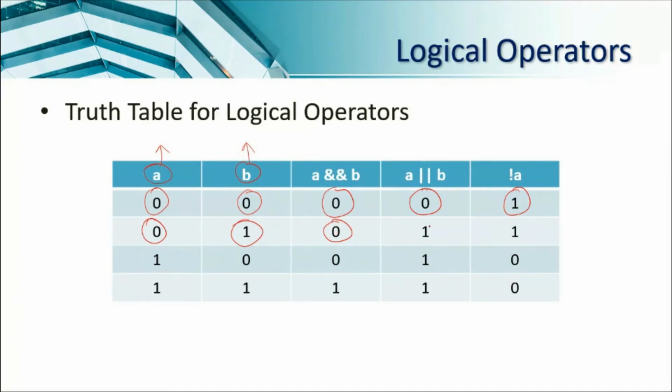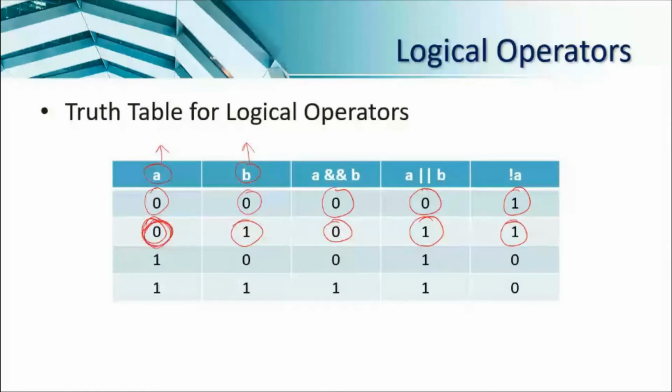Then A OR B will be 1, because B is true and A is false, so at least one of them is true. Not A is again 1, because A is 0, which is false.